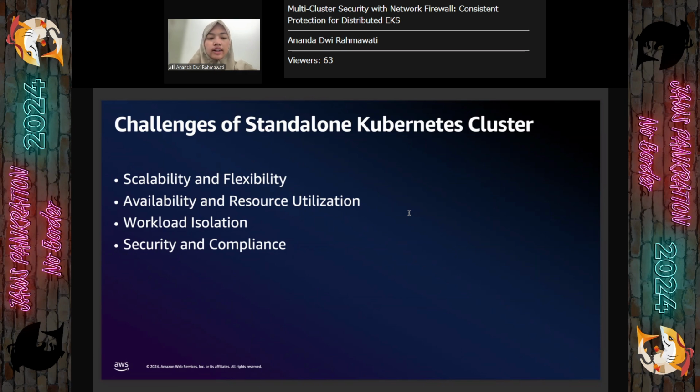Actually, multi-cluster is not mandatory. By default, we can build a single cluster also, but we will get a lot of benefits when we deploy multi-cluster rather than a standalone one.